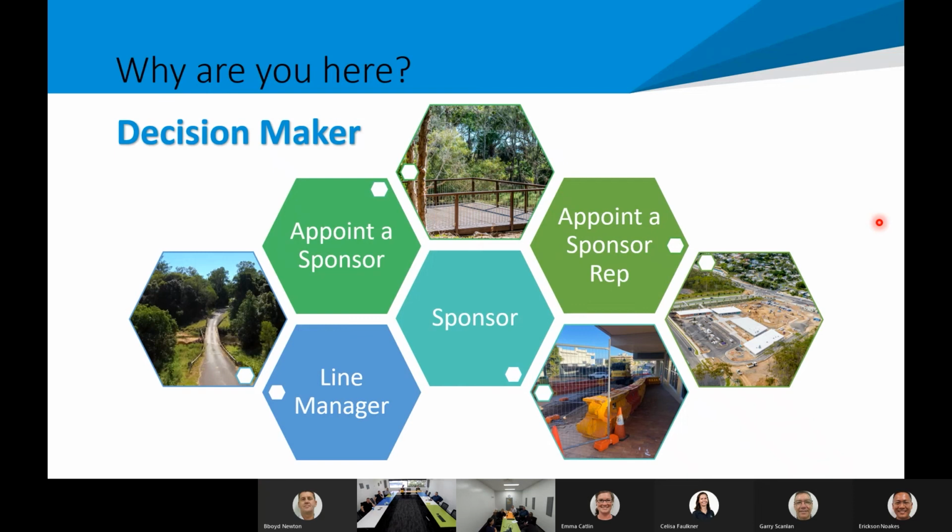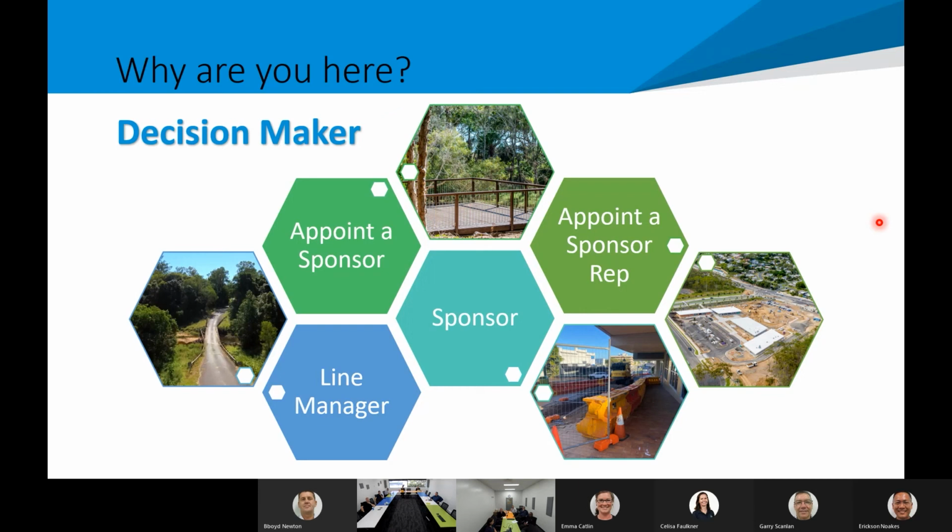Okay, so why are you here? You are all part of the decision-making roles, or have decision-making roles in the IDF and in this process. So it could be that you have to appoint a sponsor. It could be that you are a sponsor in some of these projects or investments.